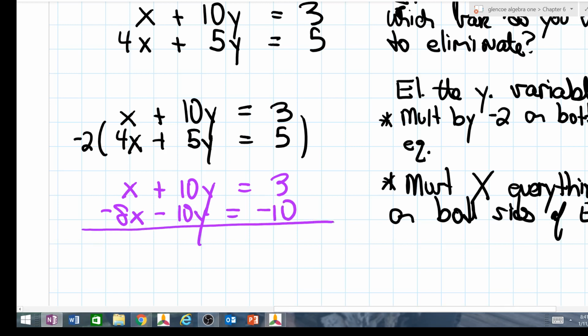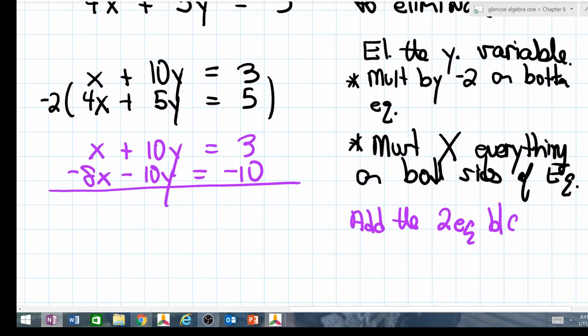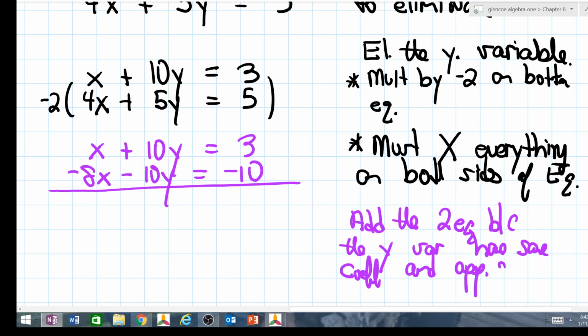Is it correct? Okay. And now we decided we are going to add the two equations because the y variables have the same coefficient and opposite signs.